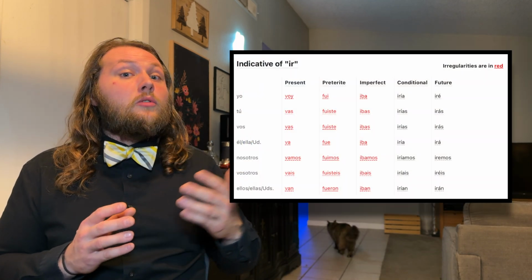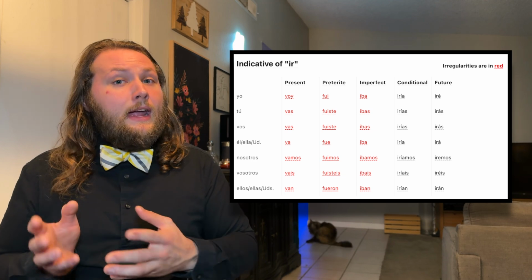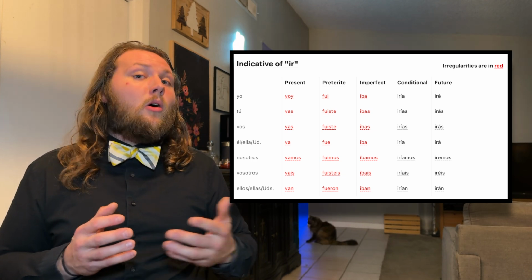They're not a sponsor of this channel, but I feel like they're a very useful resource for learning word meanings and verb conjugations. Any conjugations that are irregular are shown using red letters, whereas regular conjugations are written all in black. So it's a great resource to help you familiarize yourself with verb conjugations.